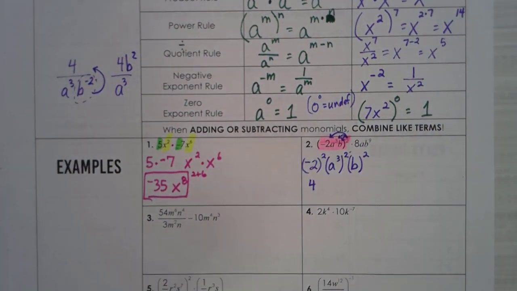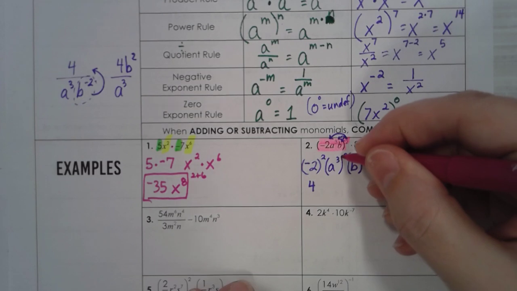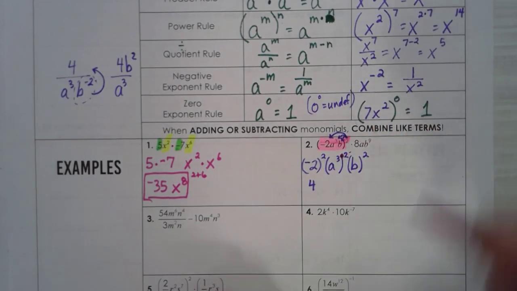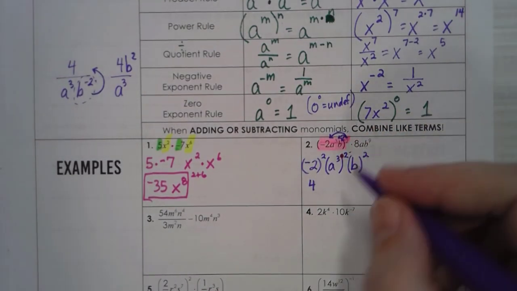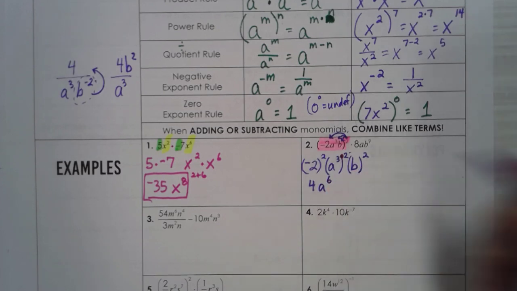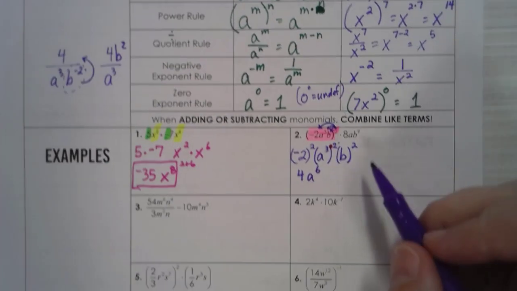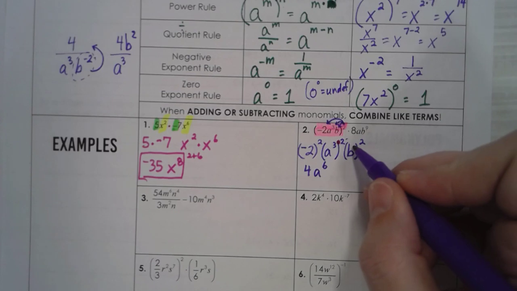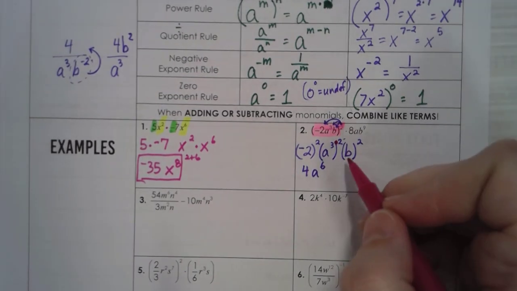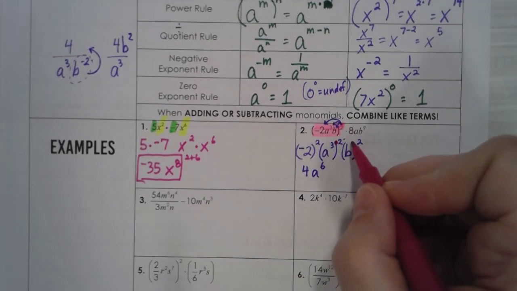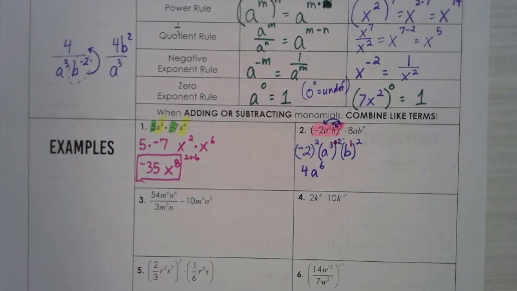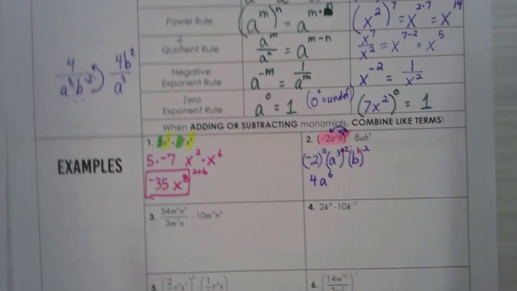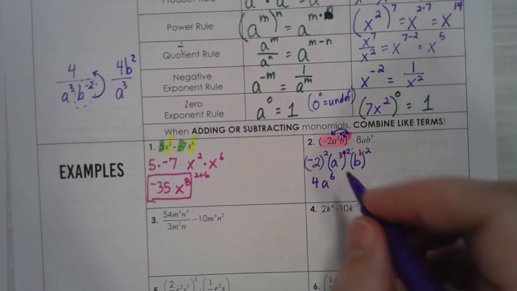What I do, this is just me, is put a little multiplication sign in between those so I know I'm going to do 3 times 2, which makes 6. This b is being raised to the 2nd power. When it doesn't have an exponent, it automatically has a 1, right? So then we're going to do 1 times 2, which is still just the 2.